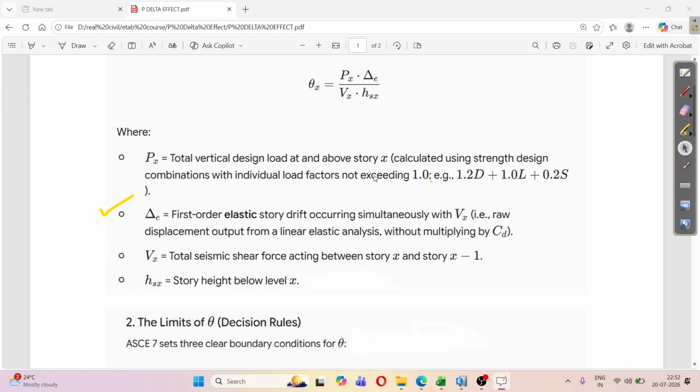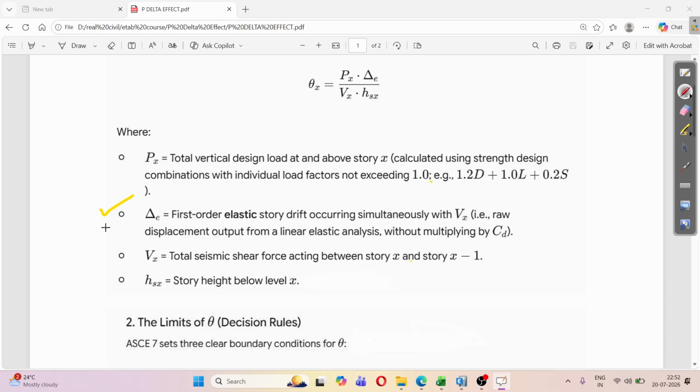Then delta e is the first order elastic story drift occurring simultaneously with Vx, that is the raw displacement output from linear static analysis without multiplying by Cd. So here we will require our seismic analysis case, like the EQX case, for the story drift.